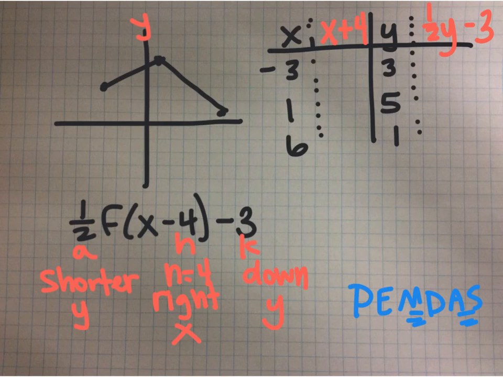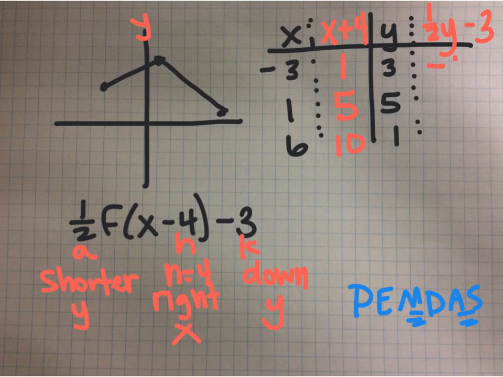Okay, so clearly the x's will be easier. Negative 3 plus 4 is 1. 1 plus 4 is 5. 6 plus 4 is 10. Now we're going to get some fractions. You can use your calculator to support this if you need to, but 1/2 times 3, that's 1.5.